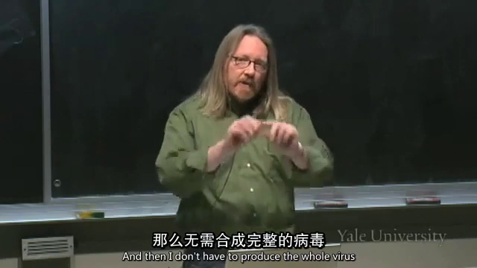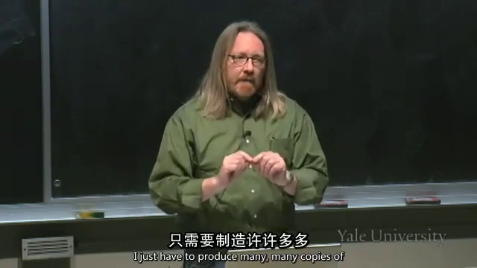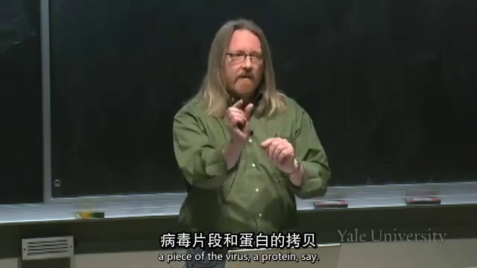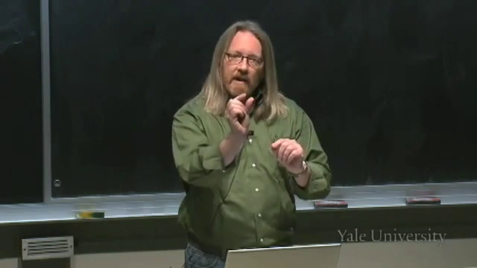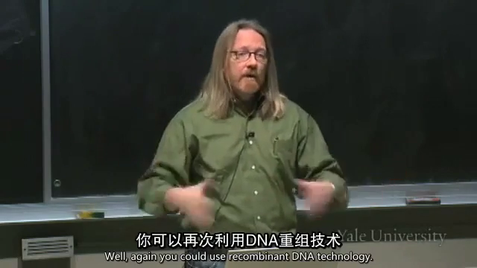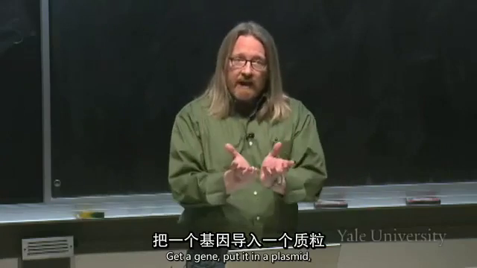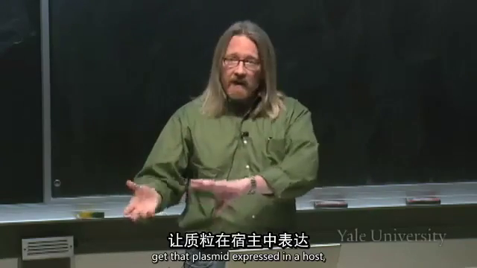And then I don't have to produce the whole virus in order to make a vaccine. I just have to produce many, many copies of a piece of the virus, a protein, say. And how would you produce a protein in large quantities? Well, again, you could use recombinant DNA technology, get a gene, put it in a plasmid, get that plasmid expressed in a host.